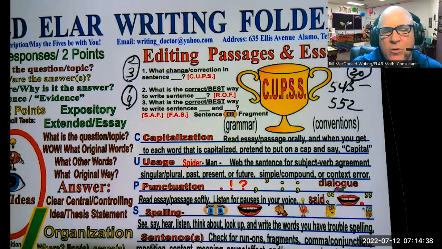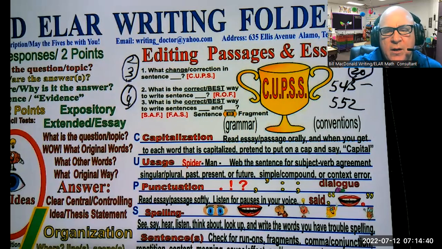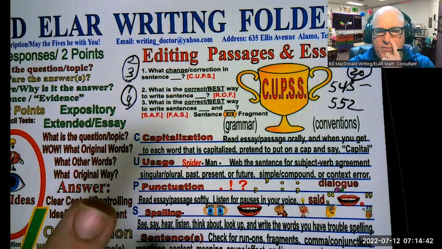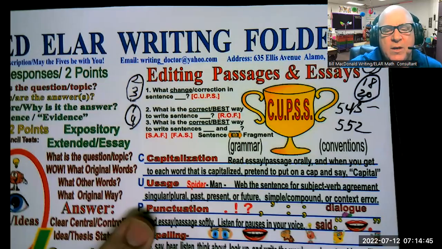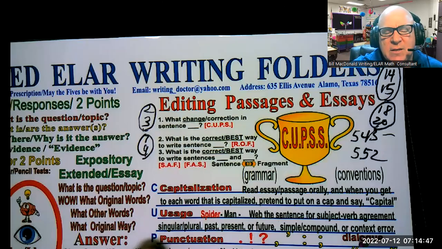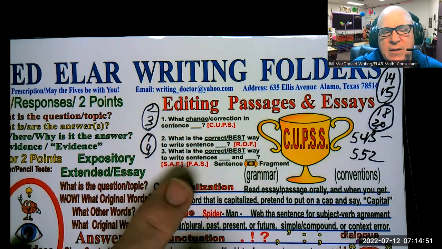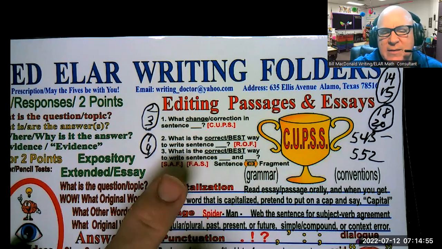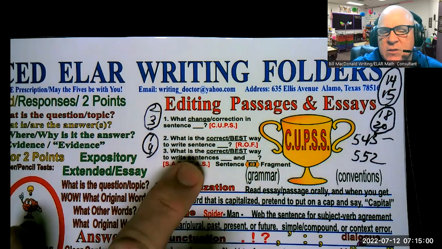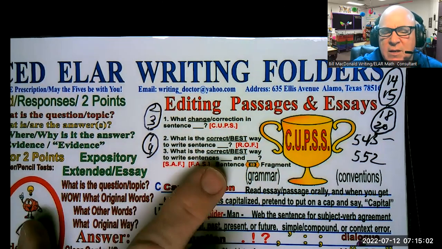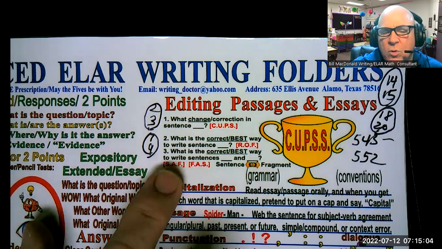Then number 15 is going to say what is the best way to write the sentence, which would be an R.O.F. And number 20, I believe, is going to say what is the correct way to write the sentences, plural, meaning that you're just going to look at 2 sentences and check which one is the sentence and which one is the fragment, or vice versa.